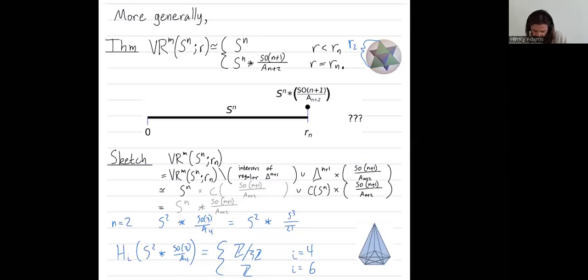So they will always appear as orbit spaces of actions on spheres, and is it a coincidence that it's an orbit space of S3 with the action of the binary tetrahedral group, or is it something you would expect is always an orbit space?